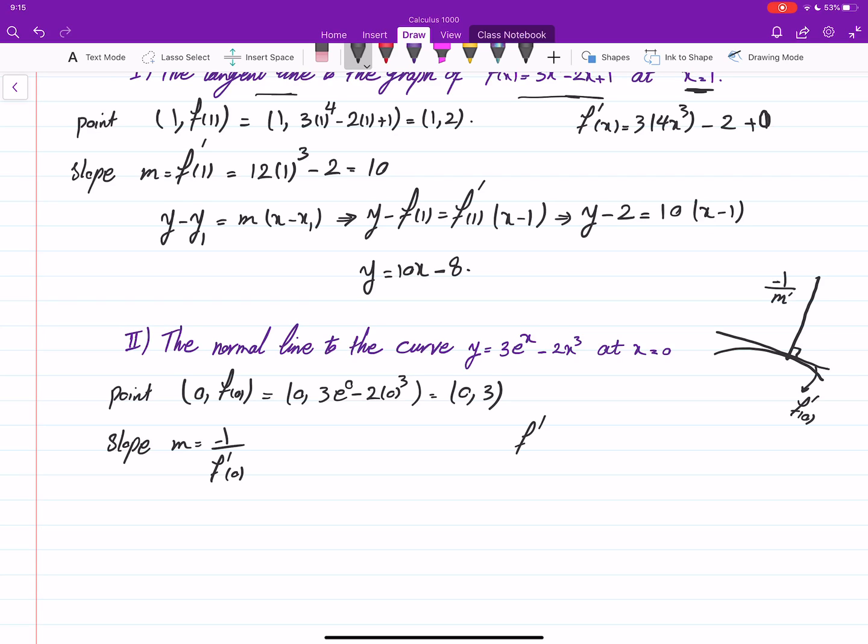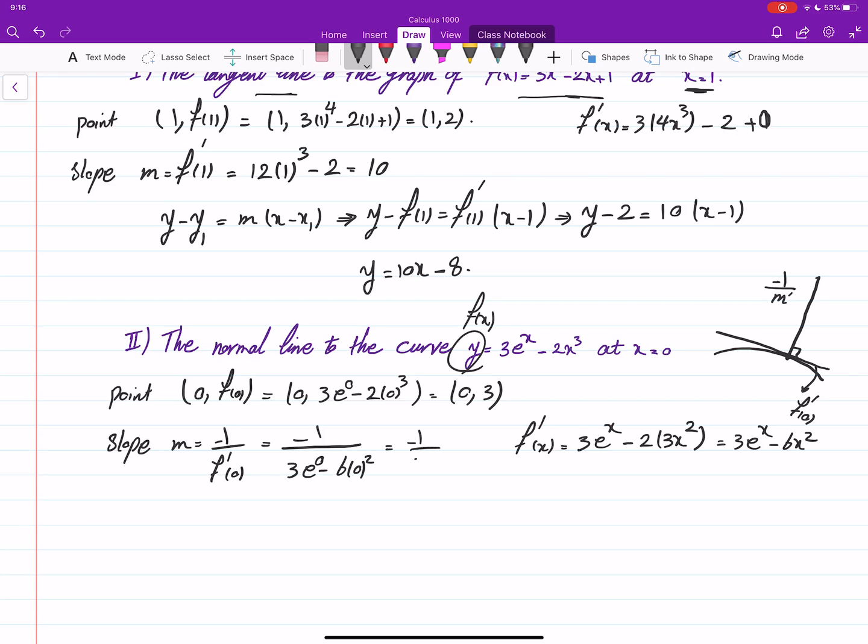What is f prime of x? Well, or y prime, sorry, this is the same as saying that. Well, this is a constant multiple. The derivative of e to the power x is e to the power x. The constant multiple and the power rule. So 3e to the power x minus 6x squared. So this will be negative 1 over 3e to the power 0 minus 6 times 0 squared.